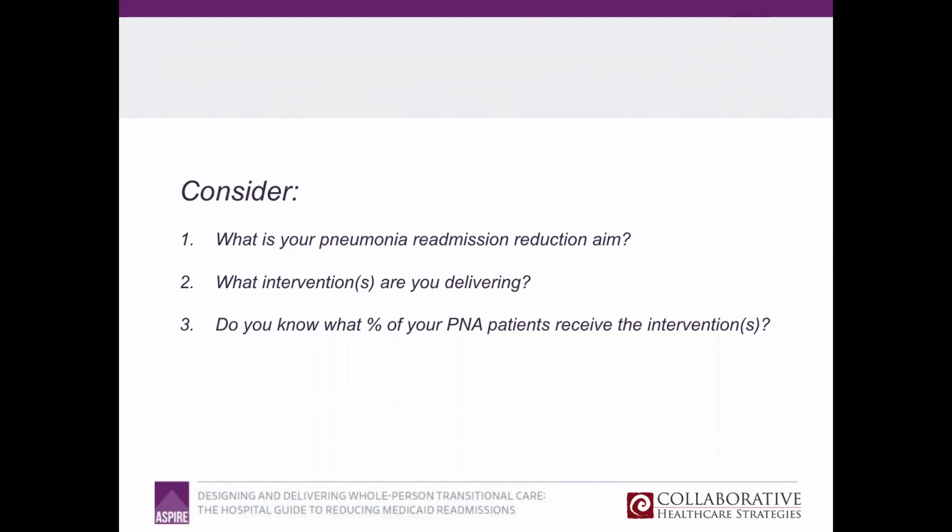Question number two, what interventions are you delivering? What are you doing in order to achieve that aim? And question number three, which takes us into a new zone of discussion, do you know how reliably you're implementing those interventions to help achieve your pneumonia readmission reduction aim?